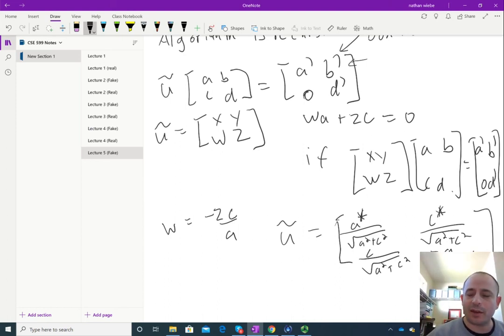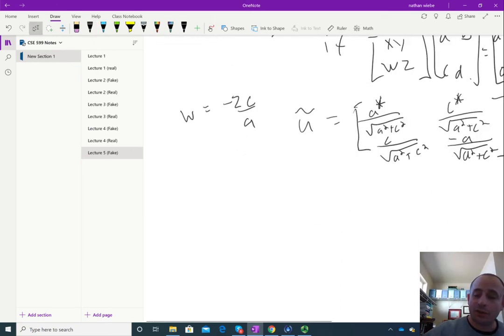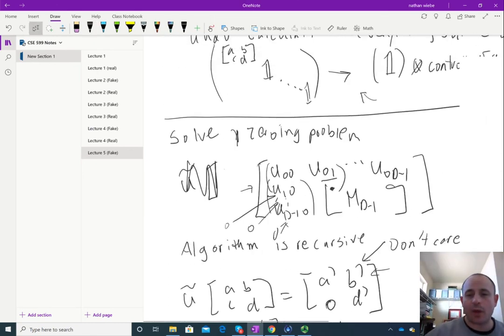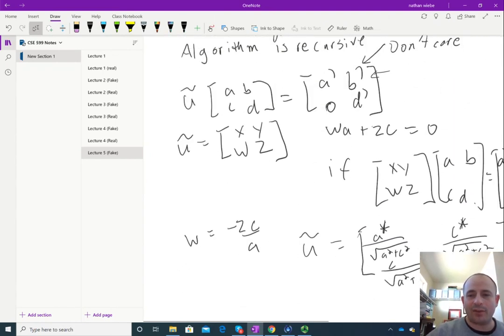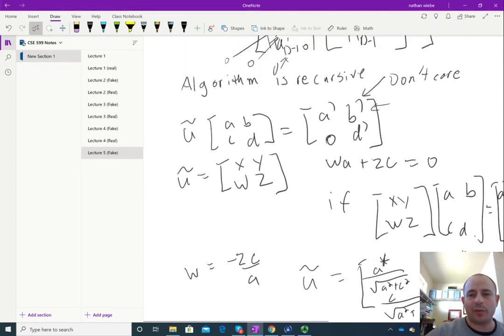This implies that, provided that A is not equal to 0, this gives you a good way of figuring out how exactly to choose your unitary in order to deal with it. In the event that A equals 0, there's an easy trick that you can do otherwise. So, we go through line by line, handling these using these transformations.